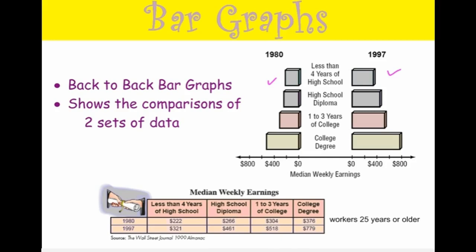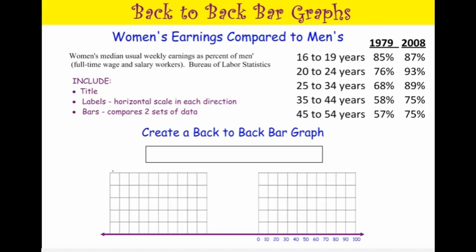Obviously, if you have a college degree, your weekly earning in 1997 is around $800 a week, and in 1980 it was around $425. This is data coming off of this chart and put into graphic form. Back to back, they will share the labels or the categories of these bars.